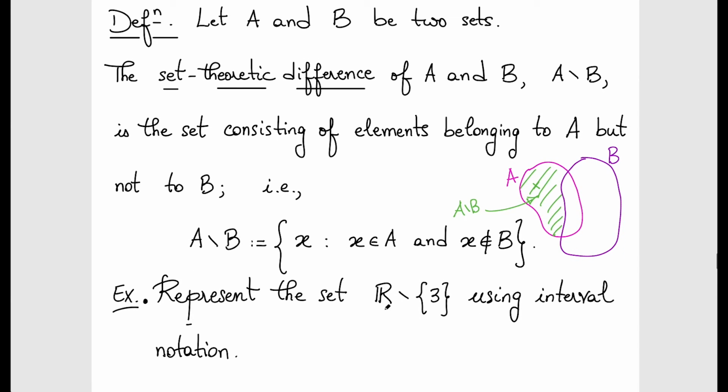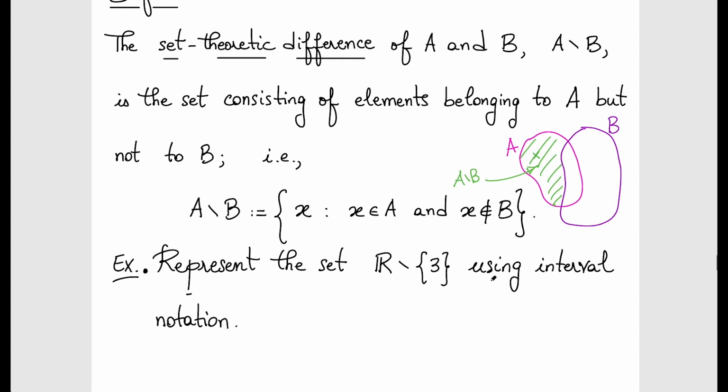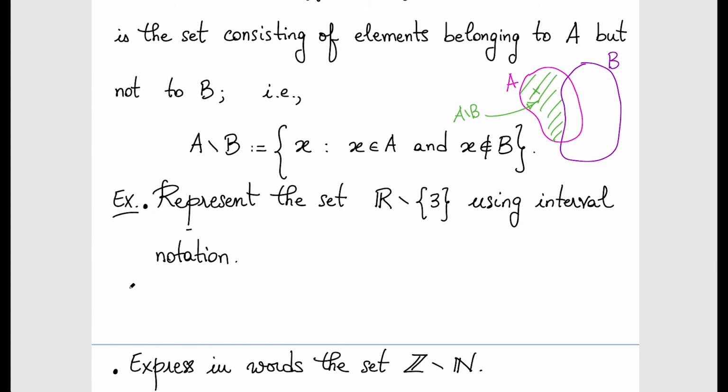Represent the set R minus 3 using interval notation. So, according to the definition we just discussed, this means the collection of all numbers that are in R, but not 3, right? Correct? So let me write it for you. R minus the singleton 3.